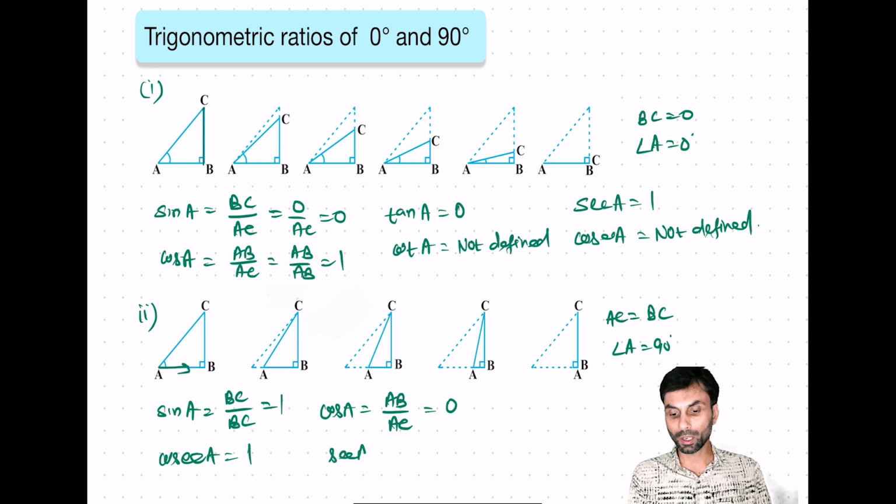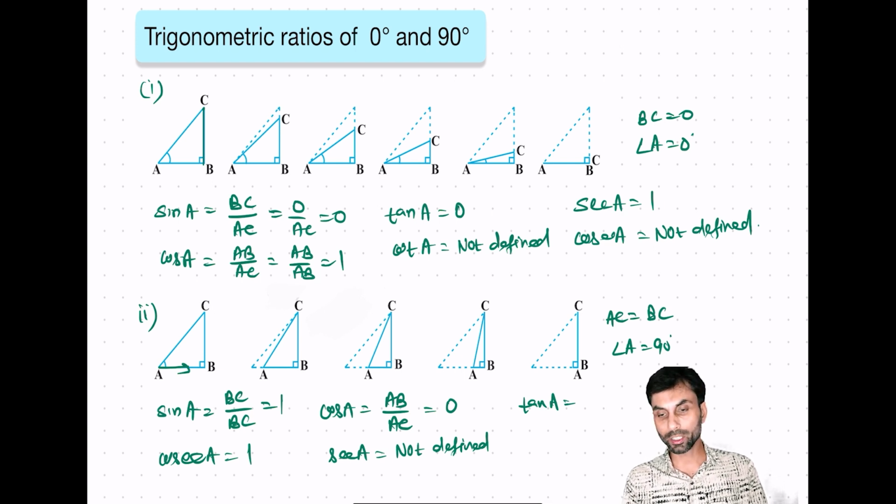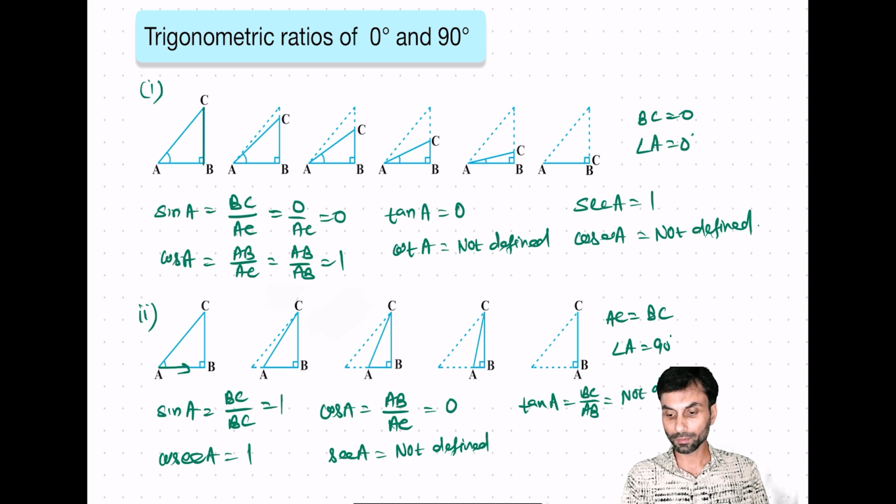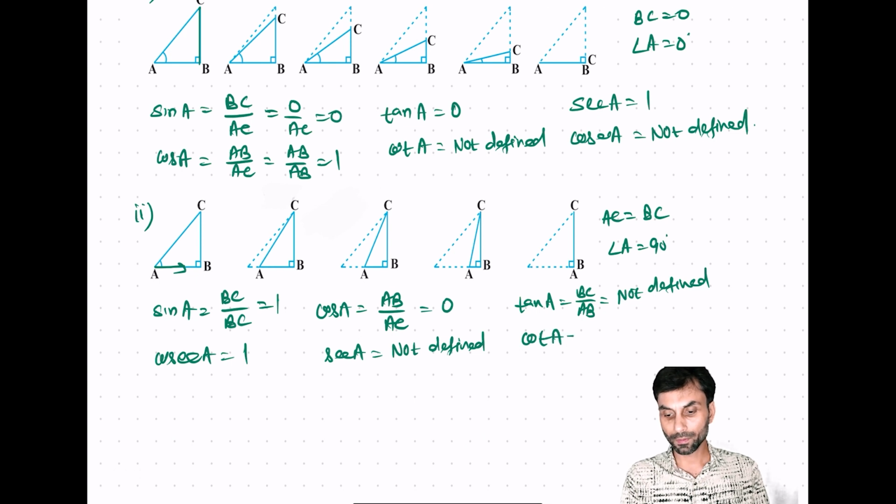Then sec A will be not defined. And tan A, which is opposite upon adjacent, that will be BC upon AB, so that will also be not defined. And cot of angle A, which will be AB upon BC, will be 0.